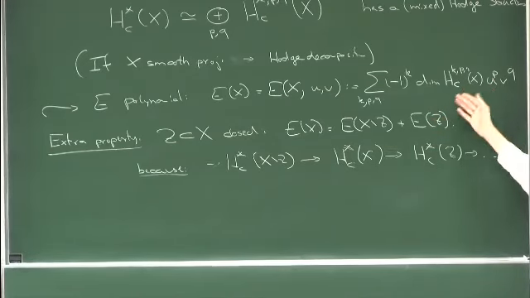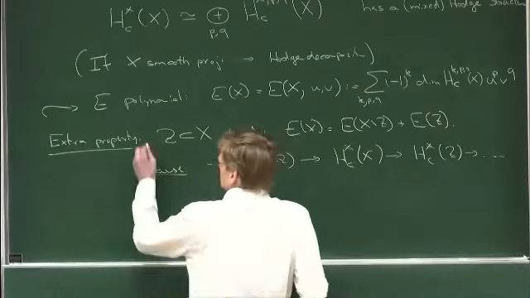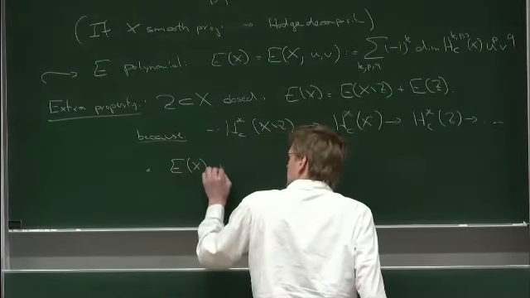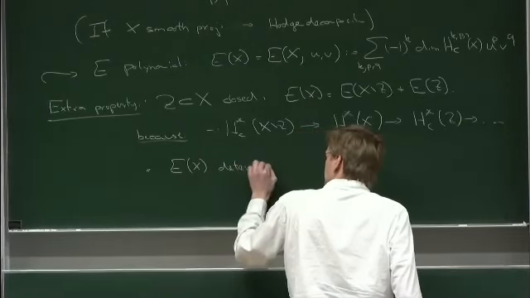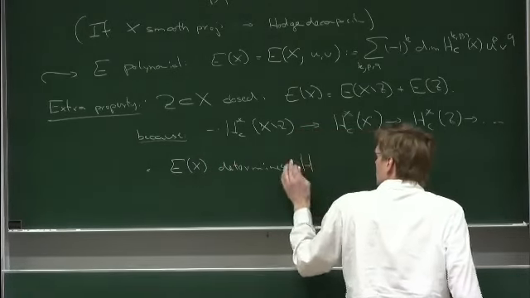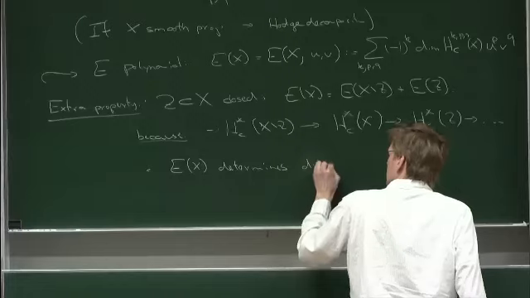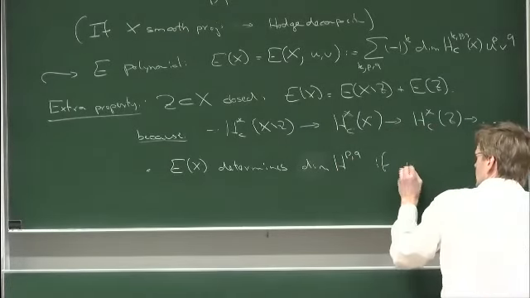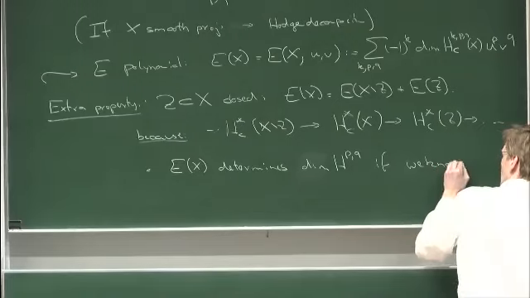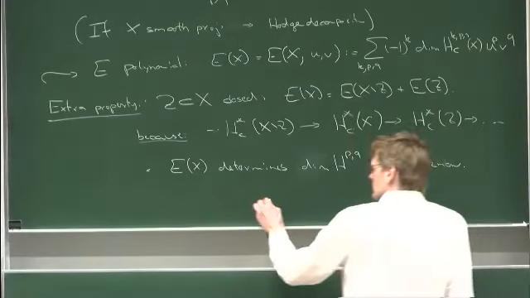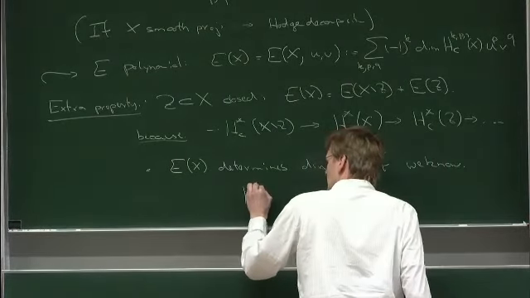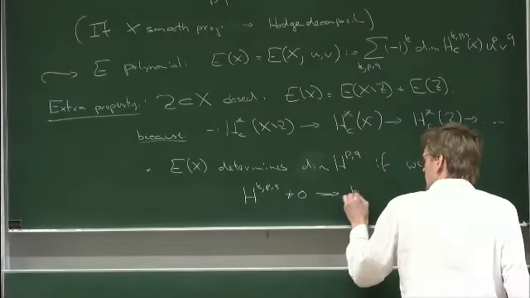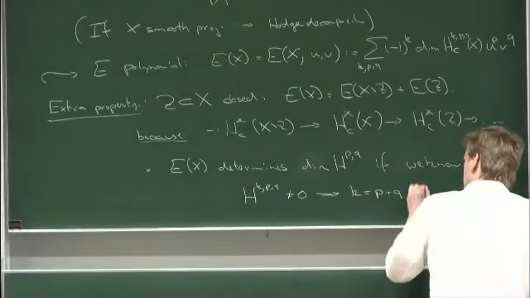So maybe let's fix this: E_X determines the dimension of the h^{p,q} if we know that the cohomology is pure, so if we know that h^{k,p,q} is nonzero only if k is p plus q.